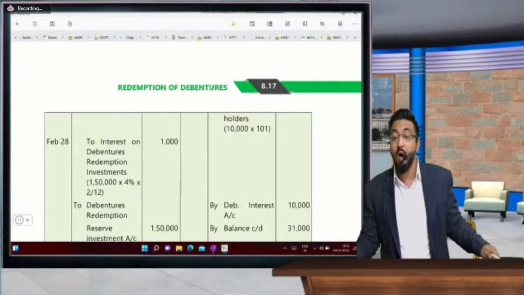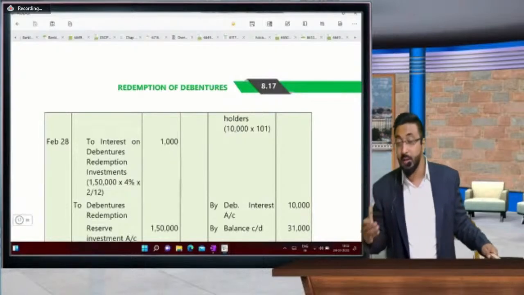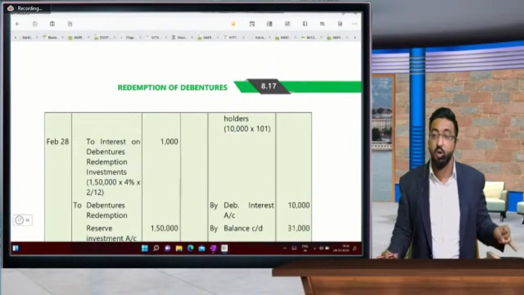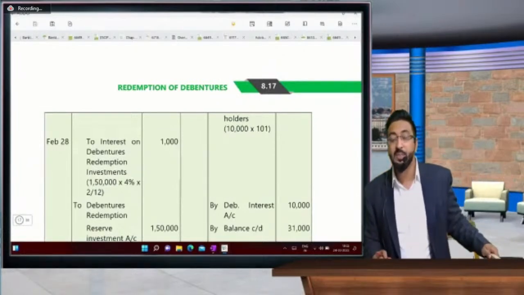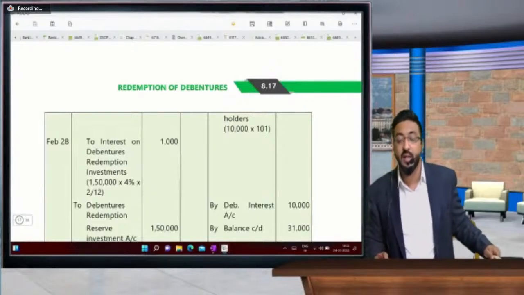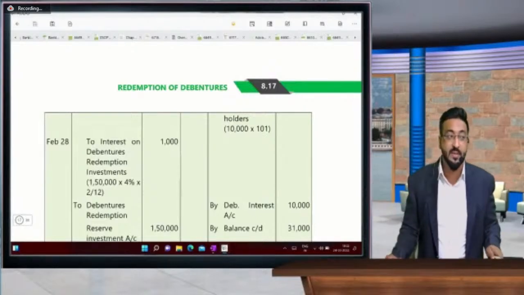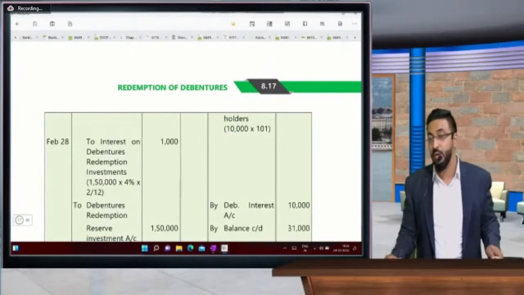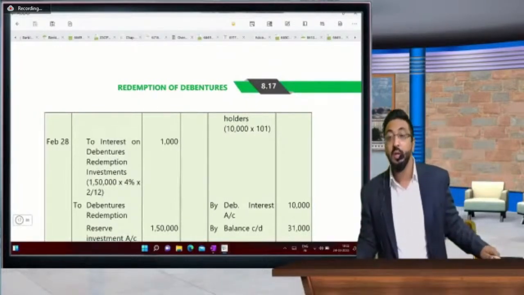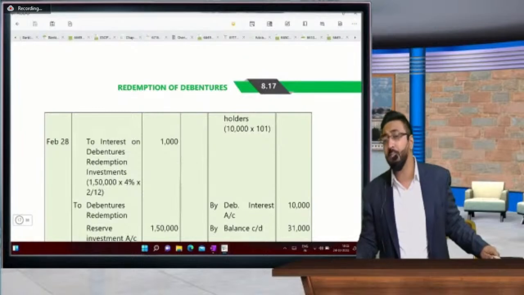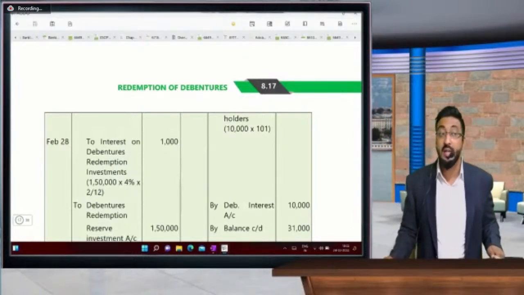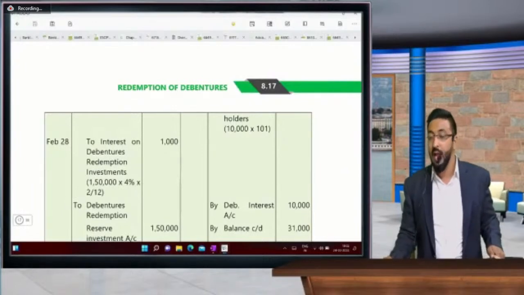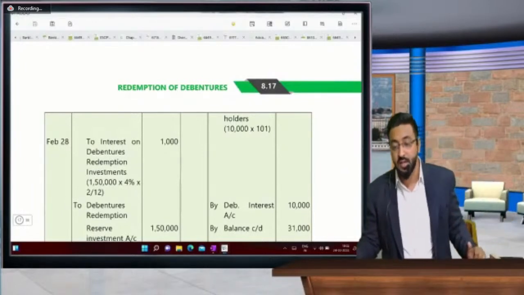And all companies other than financial companies, listed or unlisted, have to maintain DRR investment. DRR investment as on the 31st of March, till 30th April, you have to invest 15% of debentures value in approved securities. The approved securities list is given in the study material.